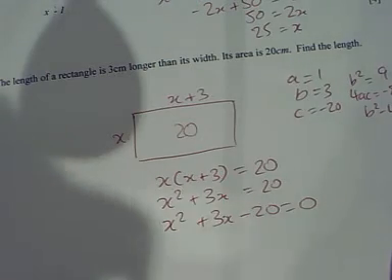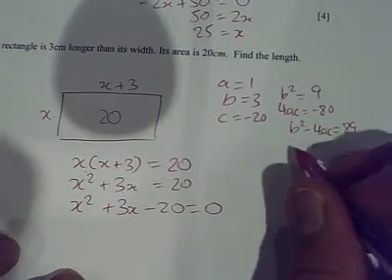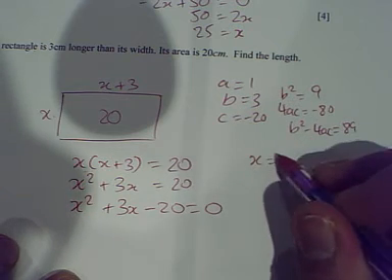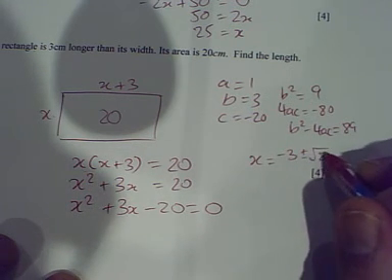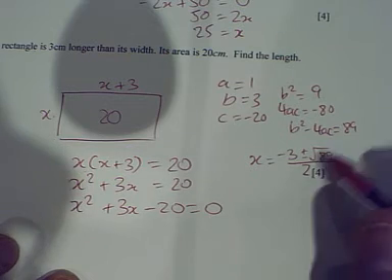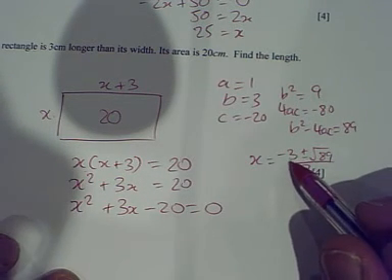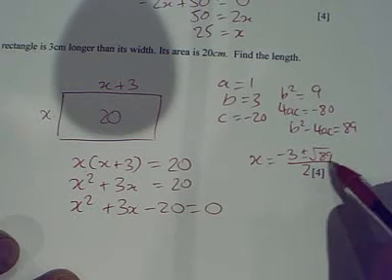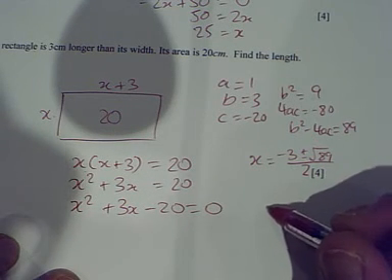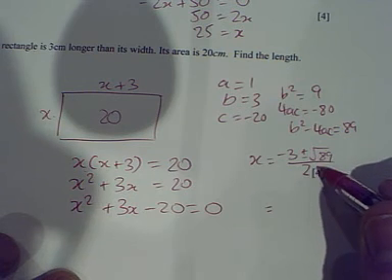So we can apply the formula. A is 1, B is 3, C is minus 20, B squared is 9, AC is minus 20, so 4AC is minus 80, and B squared minus 4AC is 89. So we get x equals negative B plus or minus the square root of B squared minus 4AC all over 2A, and that comes out as whatever it comes out as.